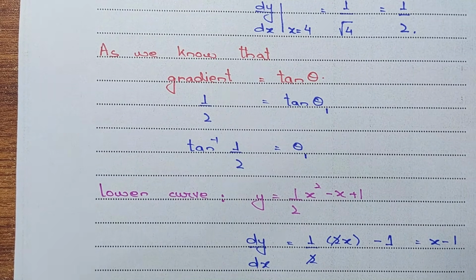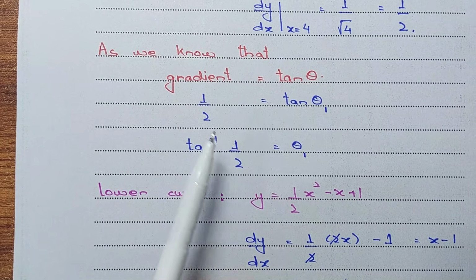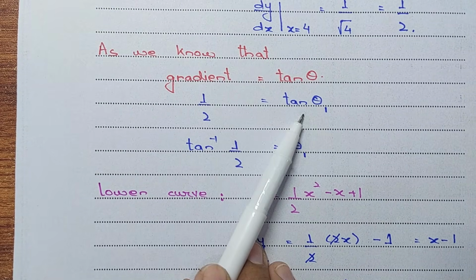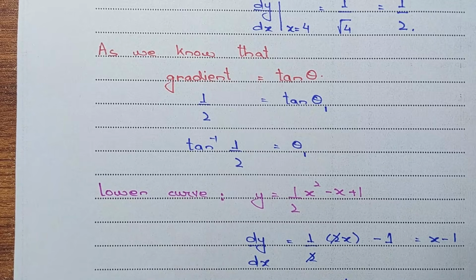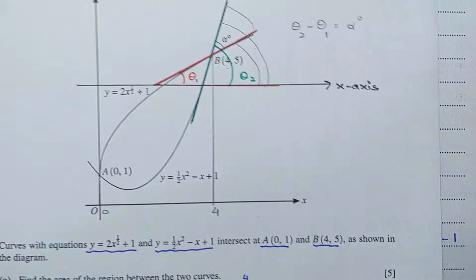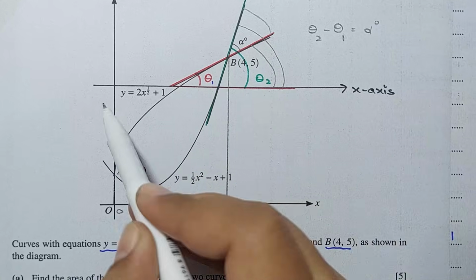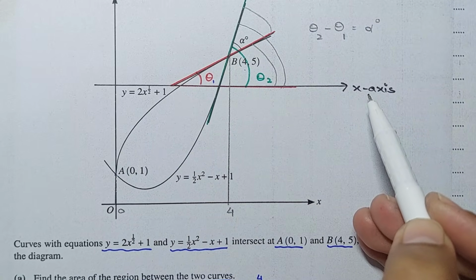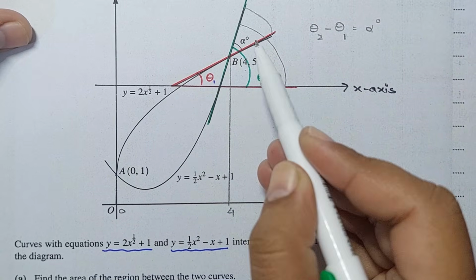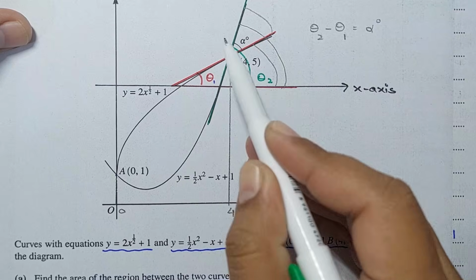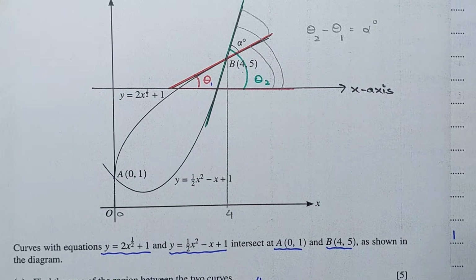And then the main concept is gradient is always equal to tangent theta. So put the gradient of that curve equal to tangent theta. And what is theta? Theta is basically the angle that the tangent line makes with the positive x-axis. So when you subtract theta 1 from theta 2, you will get the angle alpha.